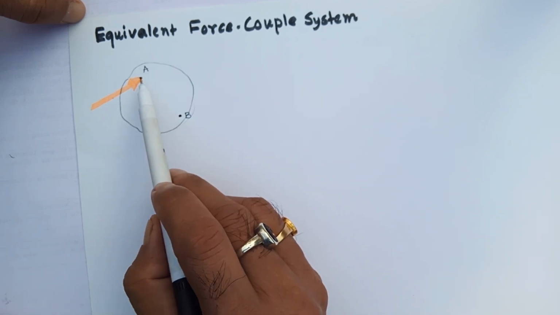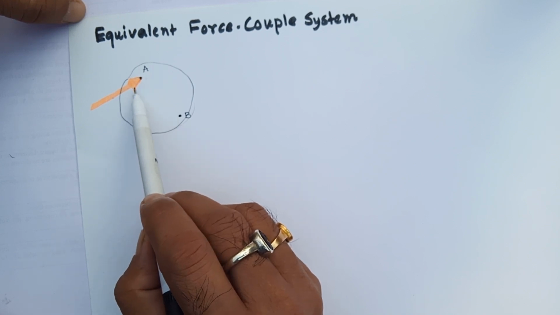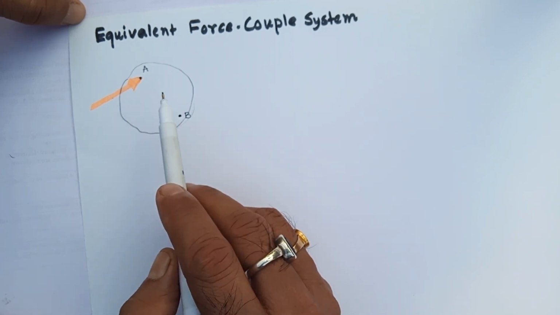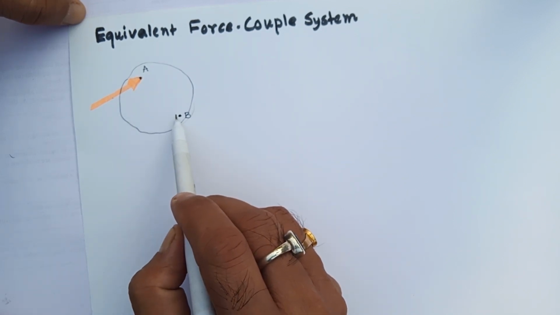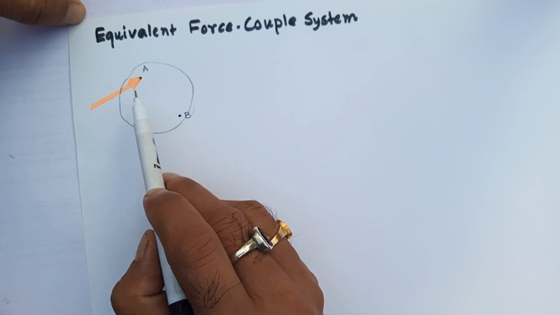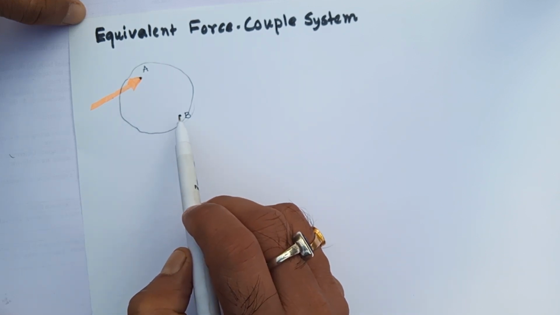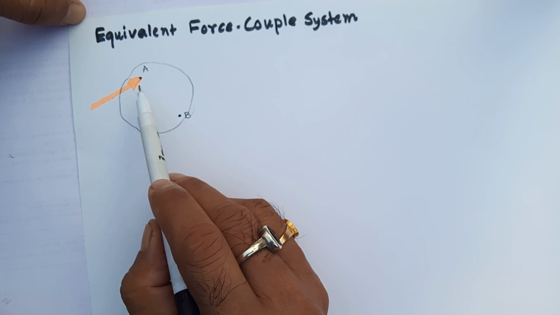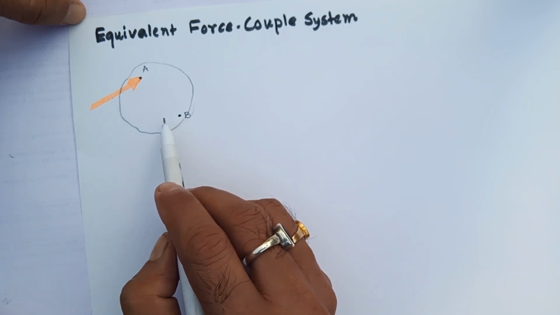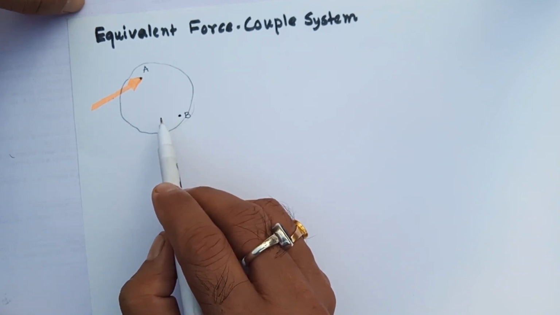A force may be acting at a point in a particular problem, but I may need to transfer the force from this point to this point. That is a requirement. So if I want to satisfy that requirement, what adjustment do I need to do, that is the topic of discussion.